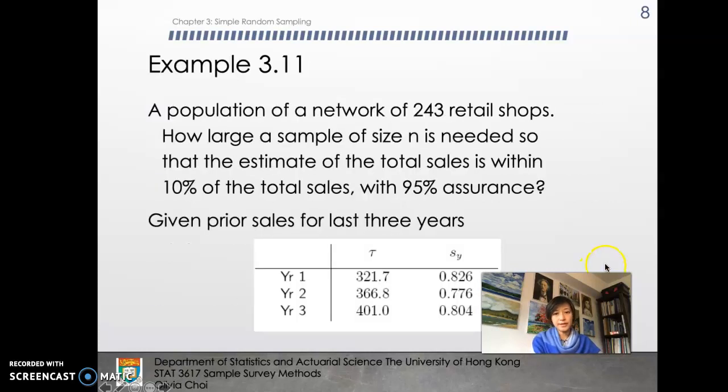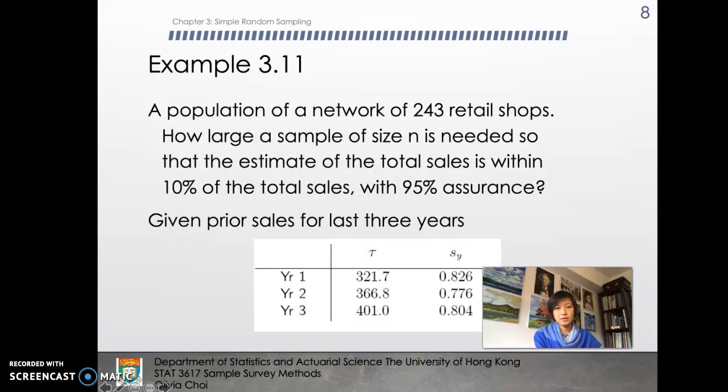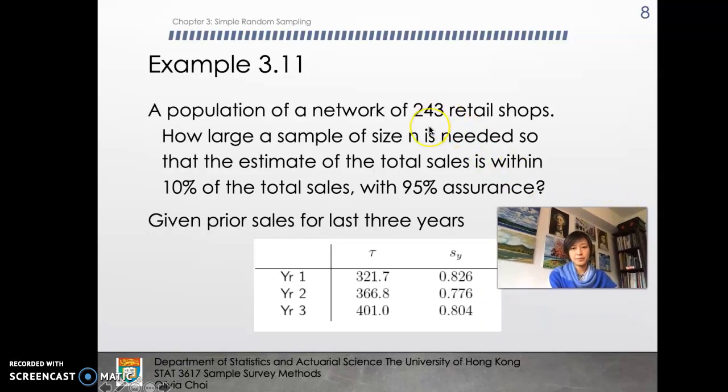A population of network in a shopping mall. Let's say there are 243 retail shops, and we want to estimate the total sales for the coming year, in year 4. We want to see how large a sample size n is needed so that the estimate of the total sales is within 10% of the total sales.